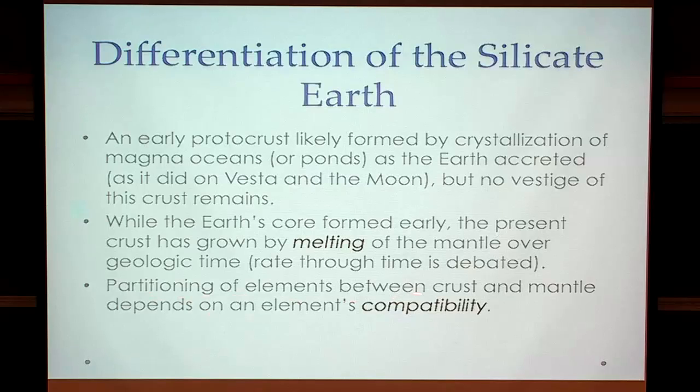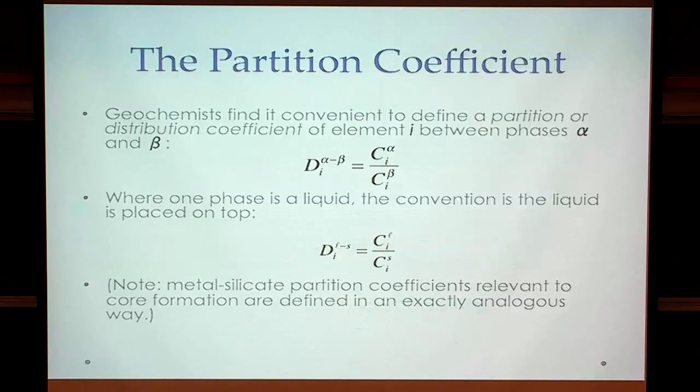Partitioning of elements between mantle and crust depends on an element's compatibility. So this is the next key concept. And to define that, we're going to define a partition coefficient, which is simply the ratio, at chemical equilibrium, of the concentration of an element I in phase alpha to the concentration of element I in phase beta.